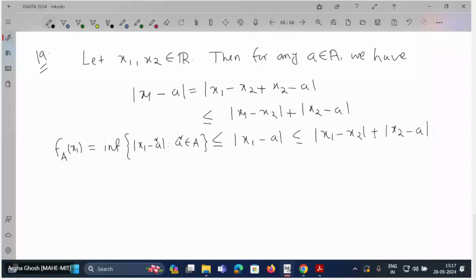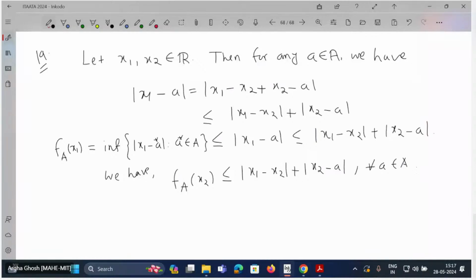Okay. And this is true for whatever a you have. So what did we get? We have f of x1 less than or equal to mod of x1 minus x2 plus mod of x2 minus a, for all a belonging to A, because this a was arbitrary. So this is true for whatever a you have.